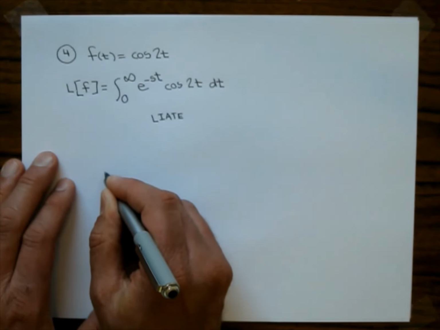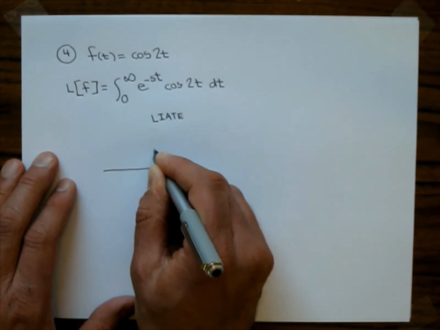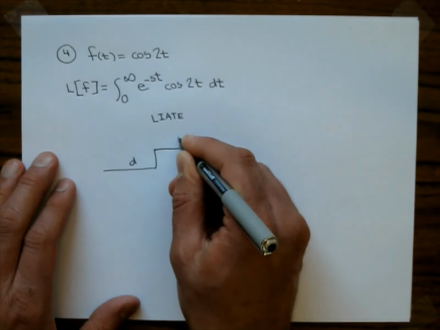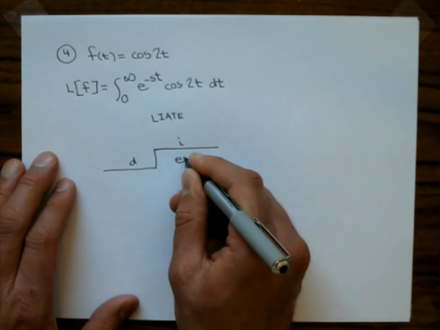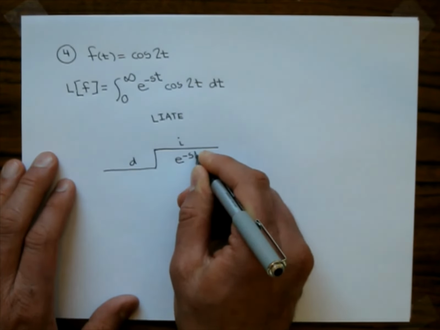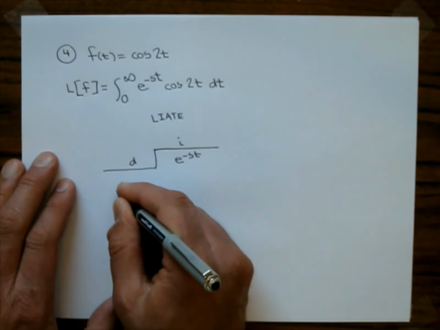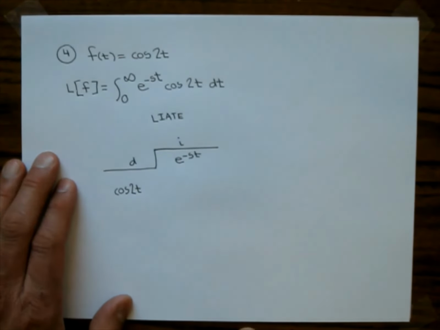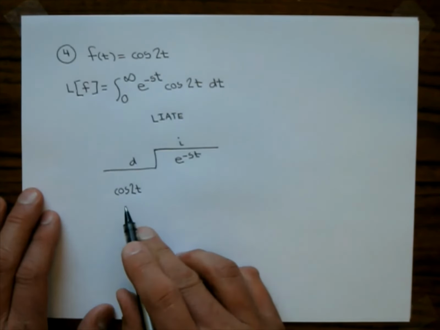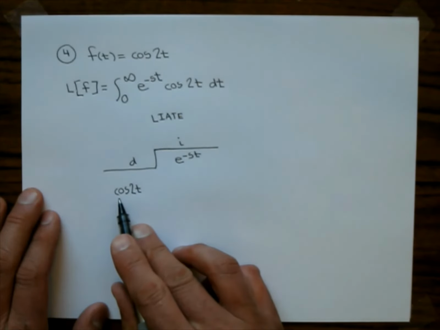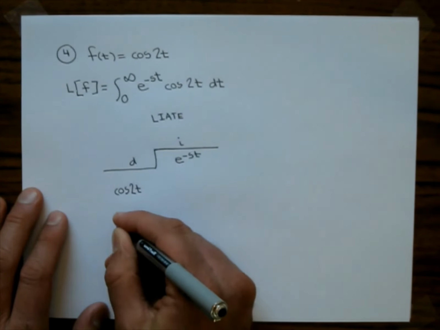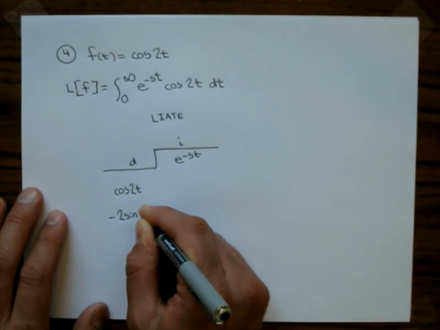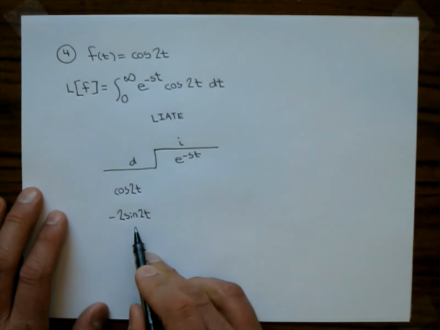So when I do my stairs for integration by parts, I'm going to put the exponential right here, e to the negative st, and I'm going to put the cosine of 2t right there. Okay, so I'm going to go ahead and take the derivative of the cosine of 2t, which is negative 2 sine 2t, and I take the derivative of that.